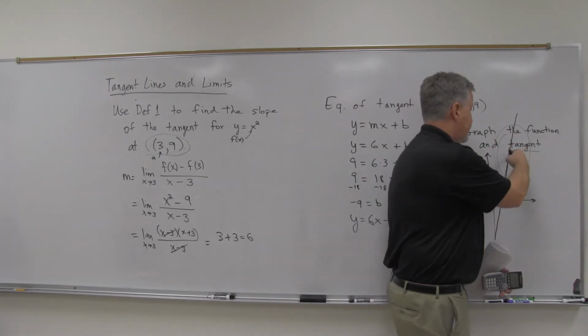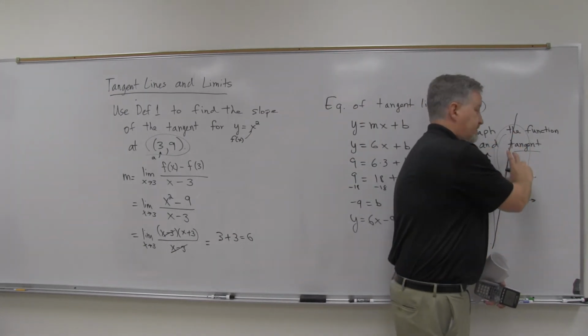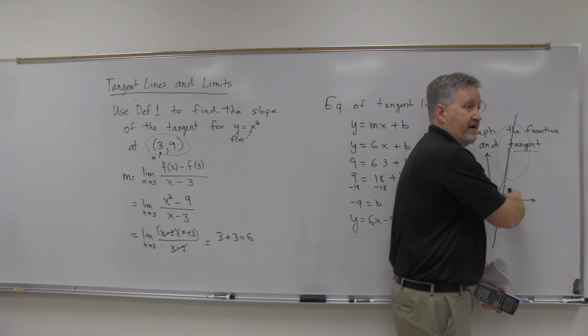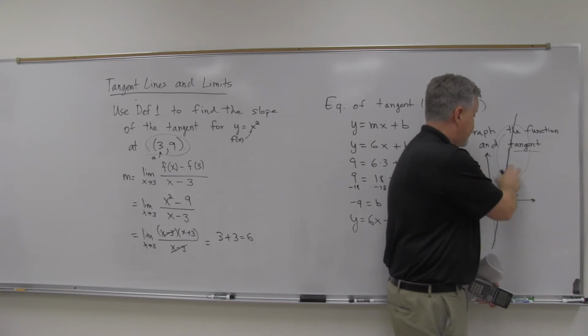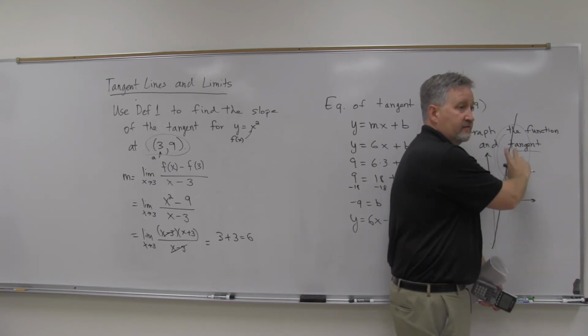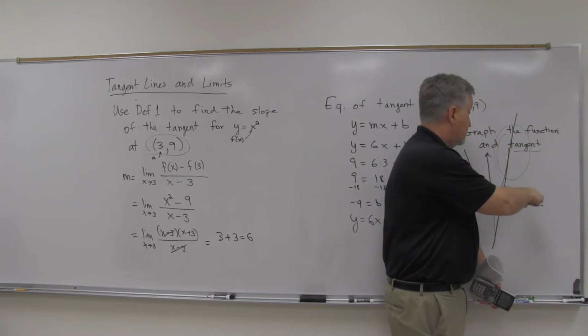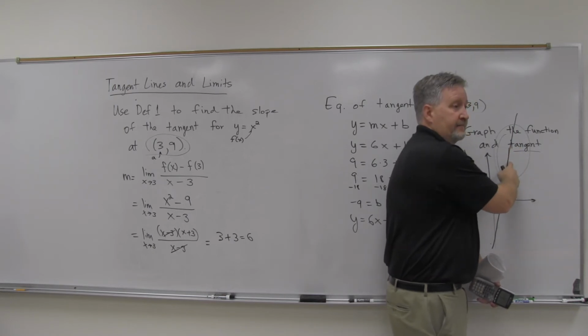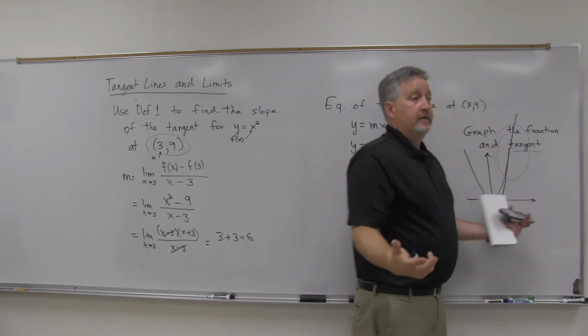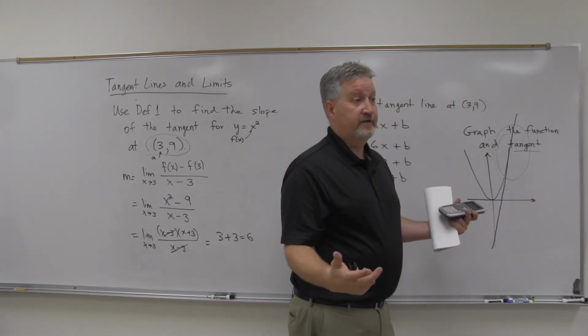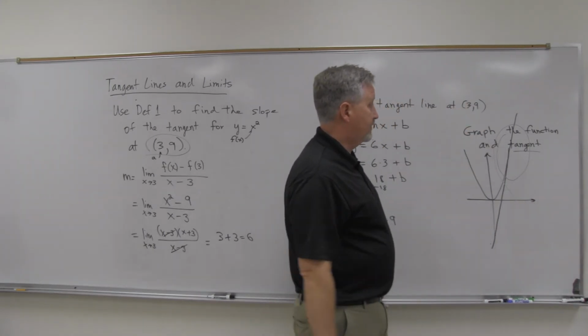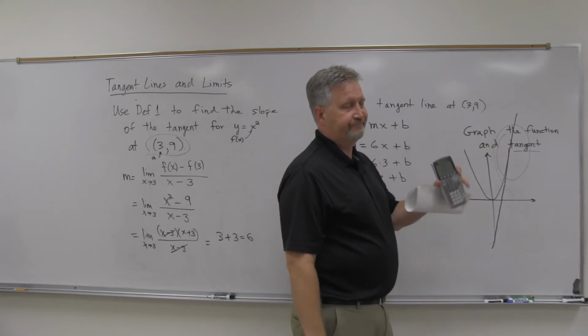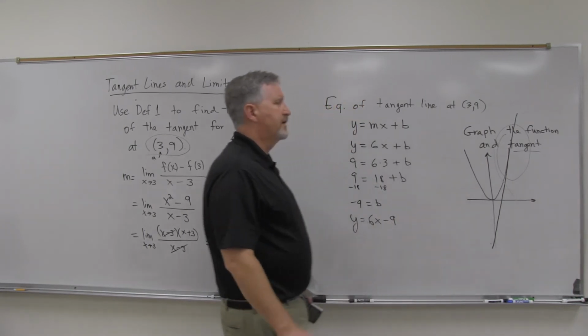I mean, technically it's only hitting at 3, 9, but do you see much difference between the graph and the tangent line, even further out from that point? There's not much difference. This line and the curve pretty much are hitting one another for quite a bit of ways, but technically it's only hitting one point.